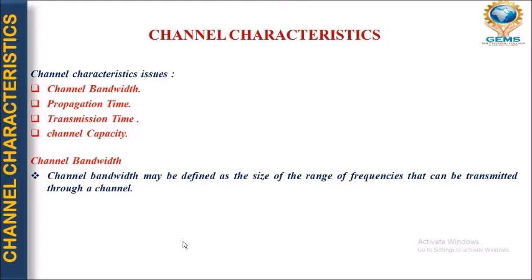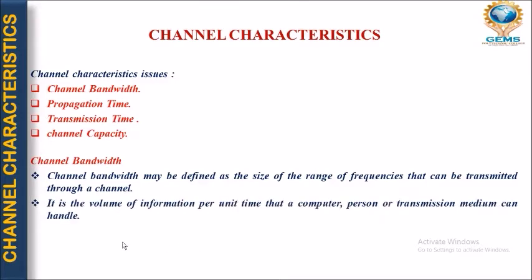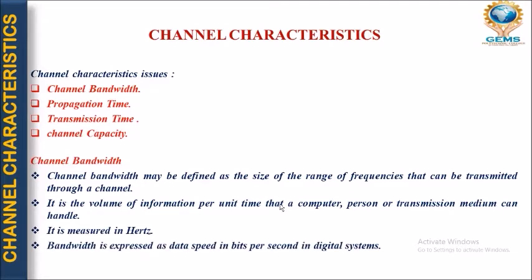That means the range of the frequency is known as the bandwidth. It is the volume of information per unit time that a computer or person can transmit and handle. The measurement of bandwidth is normally in hertz.